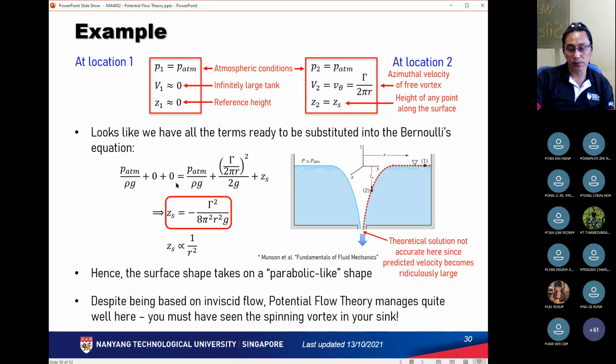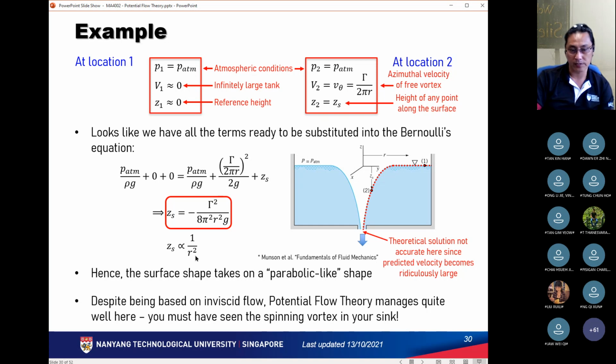So this will be the answer, but I think what really matters is not getting this at all, but appreciating the fact that gamma is a constant, pi is a constant, G is a constant. So effectively ZS is inversely proportional to r squared.